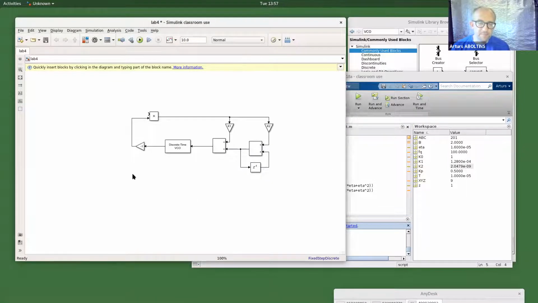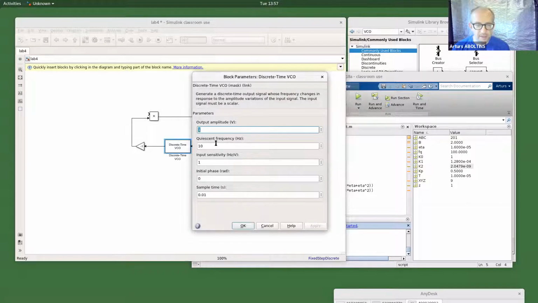Okay, now what we should do when we have adjusted here: this quiescent frequency must be equal to this FQ variable, and sensitivity must be something, what was here? Let's look, I already forgot. It was K0 divided by capital T. Make sure that those variables are defined, because Astil has used a lowercase letter for this.